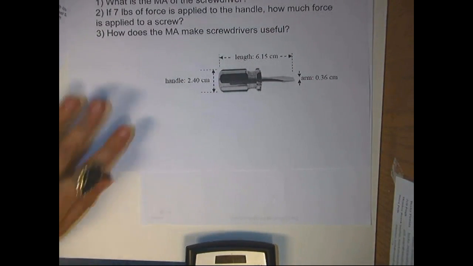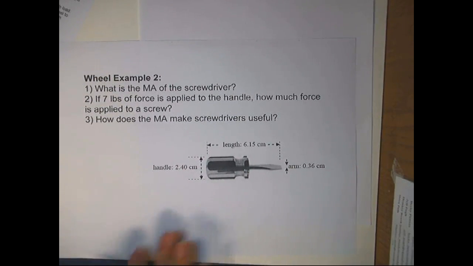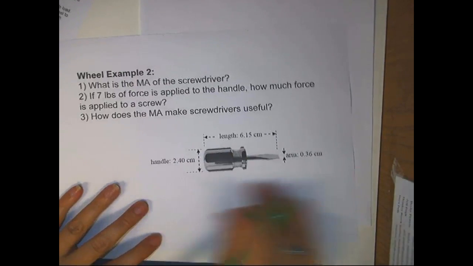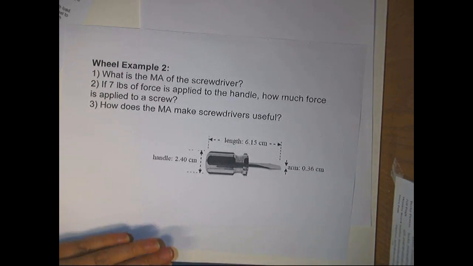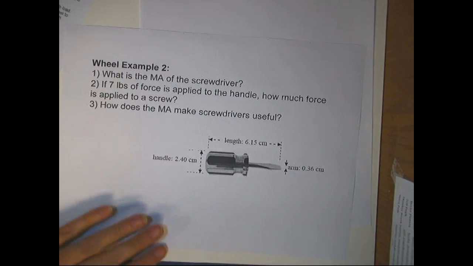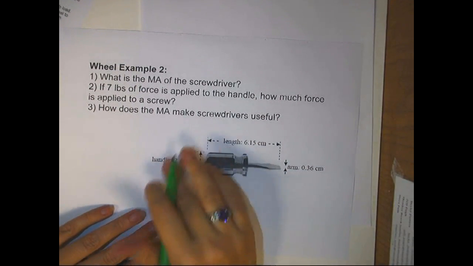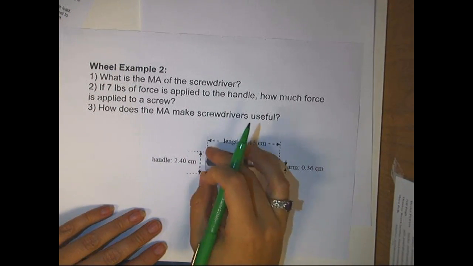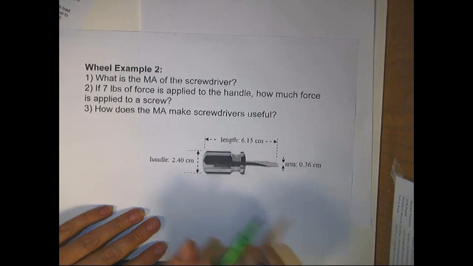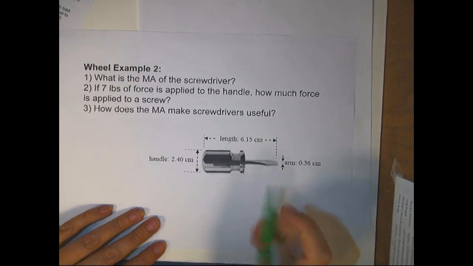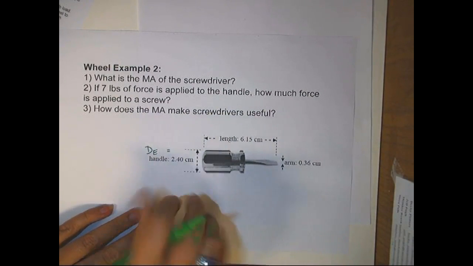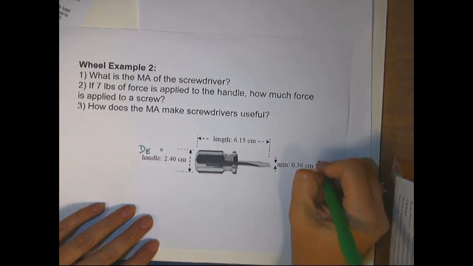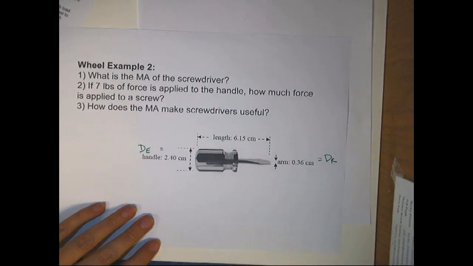Okay, and our last wheel and axle example. I've got a picture of a screwdriver, and it gives me some information here. It says, what's the MA of the screwdriver? Well, this is the diameter of the handle. So where's my effort? At this end or this end? Well, this is my distance effort, because this is where you actually turn the screwdriver, and my load is over here.